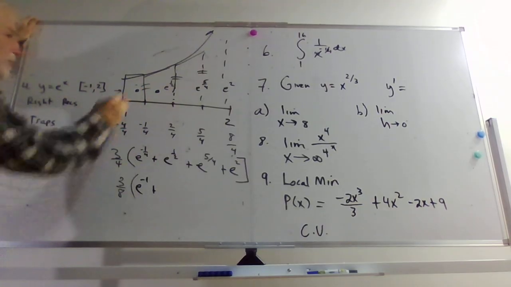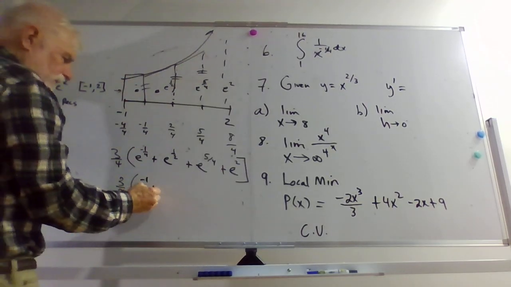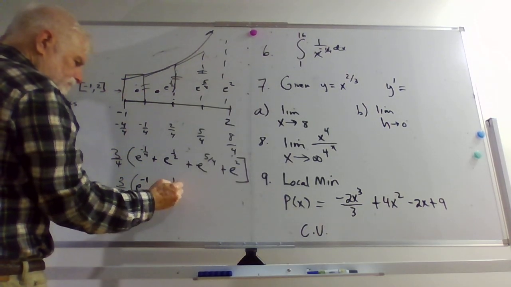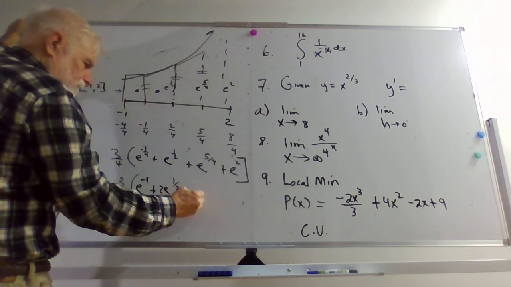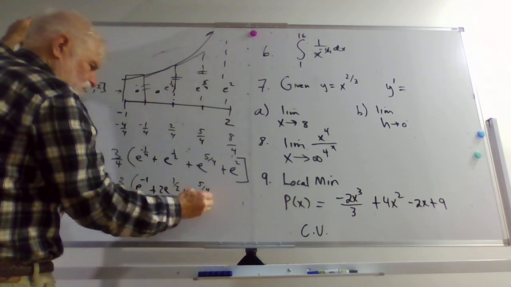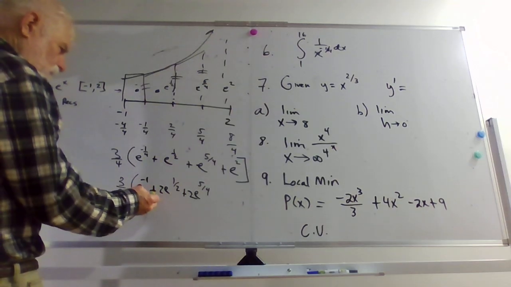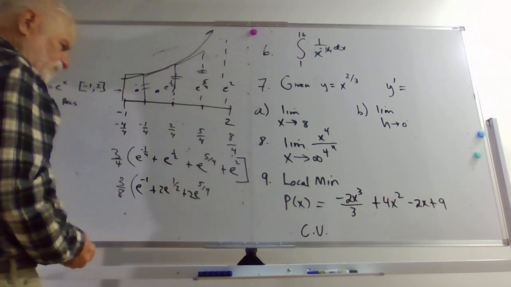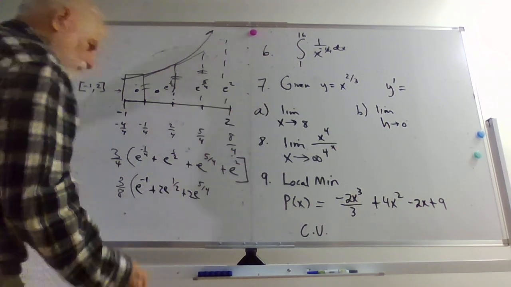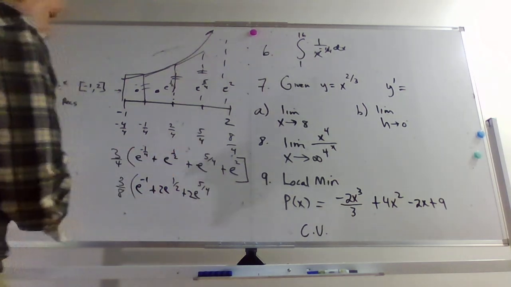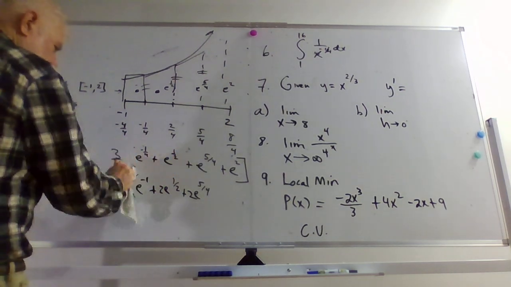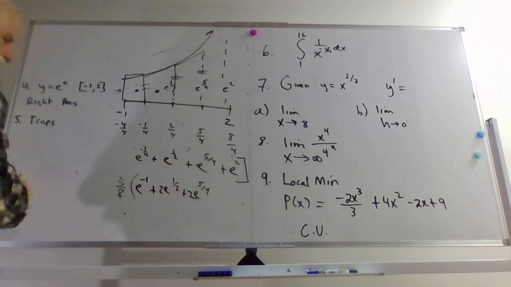Those 2 trapezoids share this one, so all the interior ones are doubled. And the last one is 1/2, so 1, 4. Trapezoid should have 5 things inside. I only have 1, 2, 3, 4, so I forgot to add this one over here. That was a double as well.